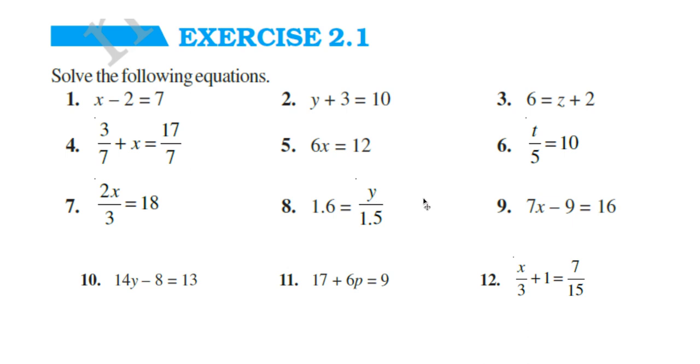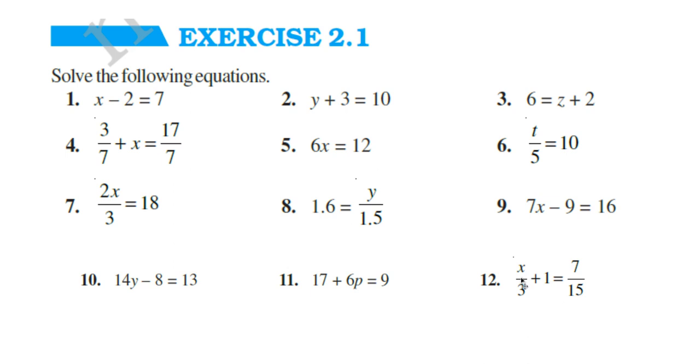Then you will get the value of y. So first minus 2 you transpose. Here plus 3 you transpose to the other side. Here plus 2 transpose to LHS. So on the RHS, 6 minus 2 will come. Similarly, do all these questions.